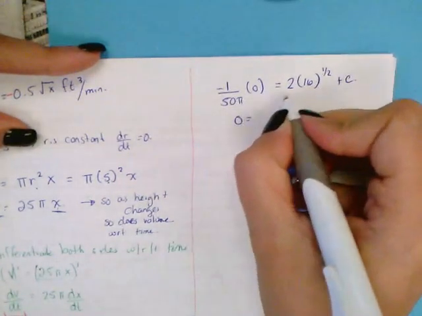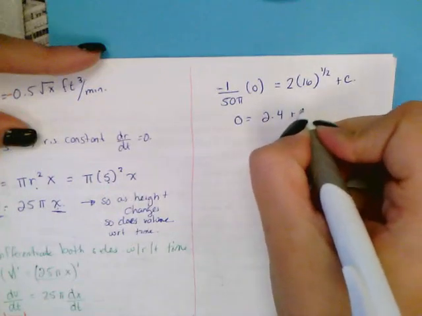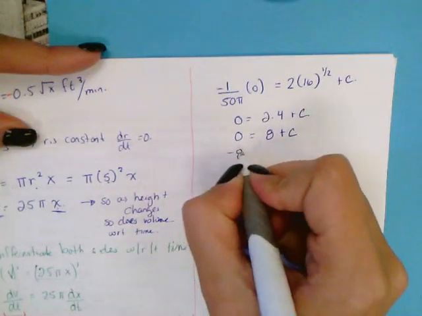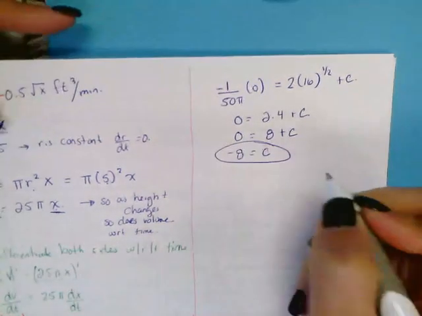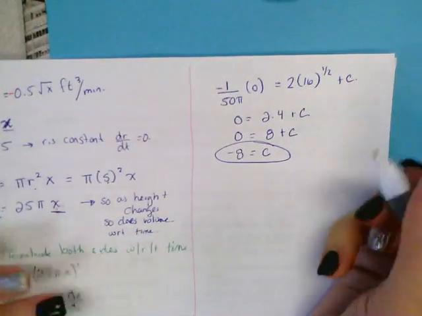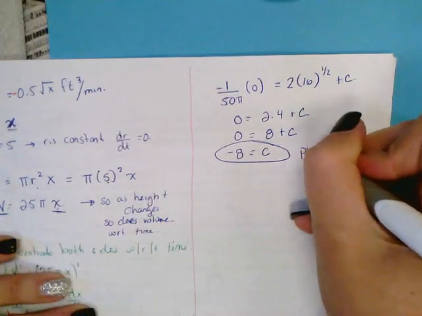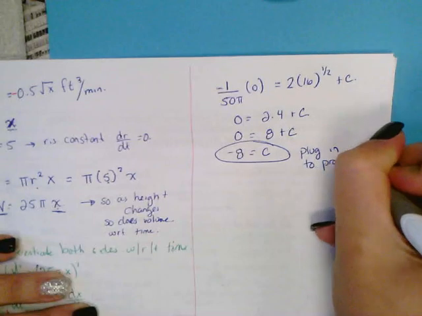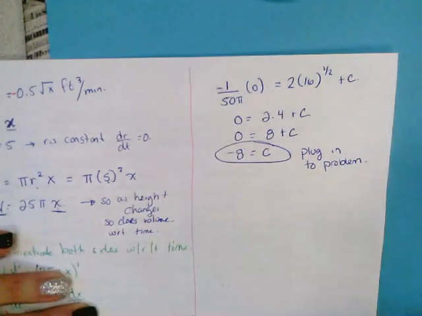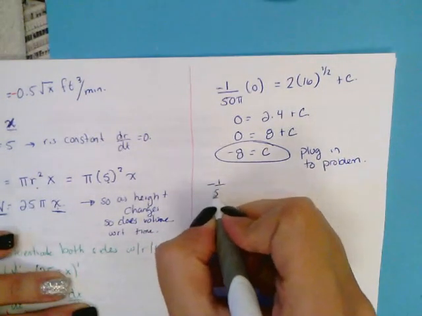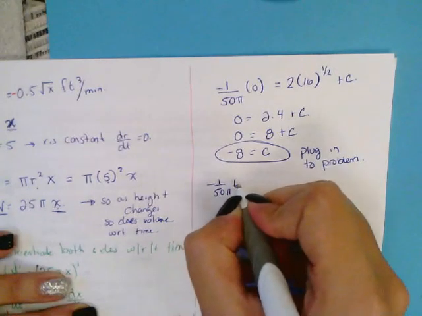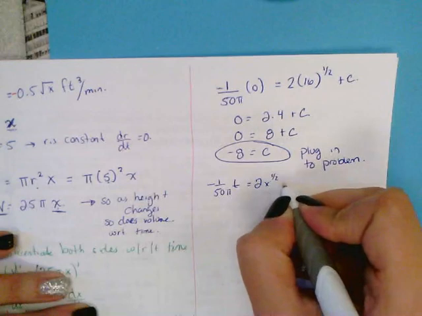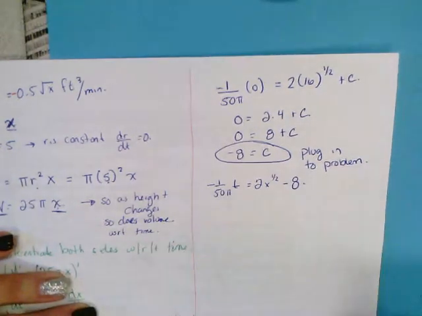This is 0 equals 2 times 4 plus C. So 0 equals 8 plus C. -8 equals C. So there's my C. So we're going to plug this back in to our problem. And we get -1/50 pi t equals 2x to the 1/2 minus 8.